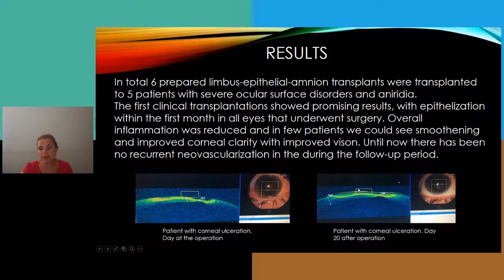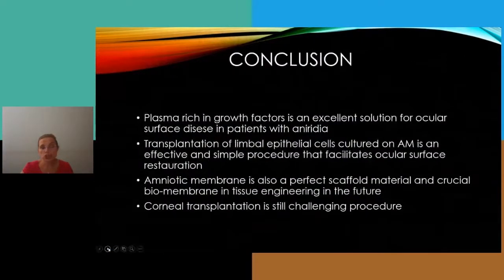Basically, very fast, in 20 days, we managed to achieve much better corneal thickness and much better regeneration with this biological therapy. So in conclusion, I would today go for plasma rich in growth factors, and this is an excellent solution for ocular surface disease for all patients with aniridia.